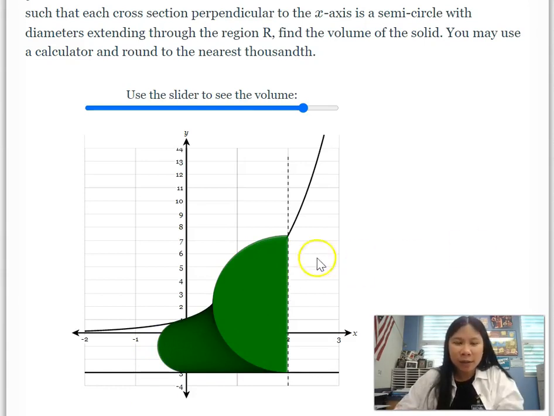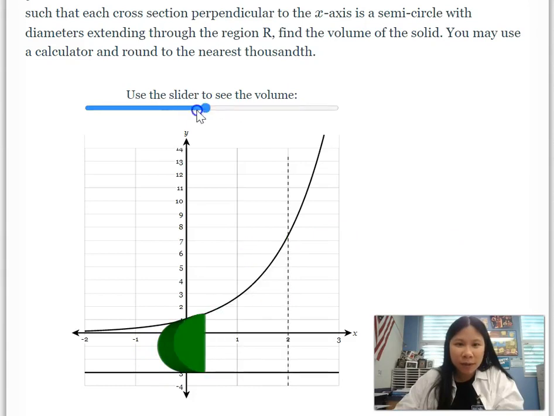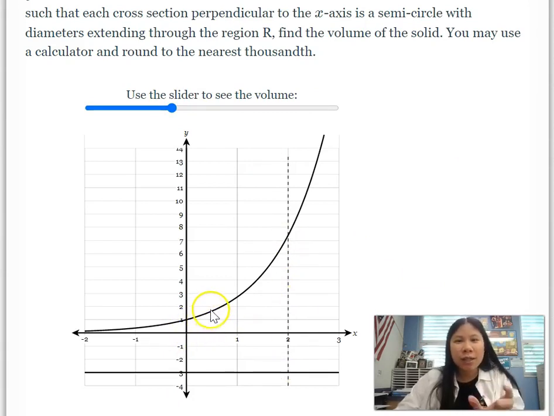So for this particular problem, if I undo this really quick, then for our total volume, we would need to set up our integral from 0 to 2. And then the equation inside the integral is going to be the area of the semicircle, because then the integral itself will add up all the semicircles for us.